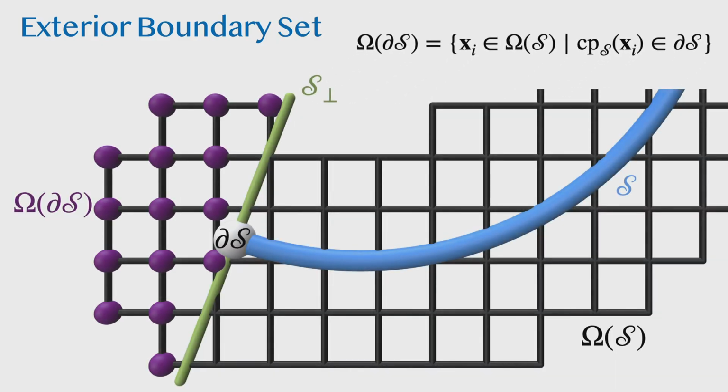So these are the purple points here, since they all have the white boundary point as their closest point. You can also think of the boundary set as all the grid points past this green normal manifold going through the boundary.